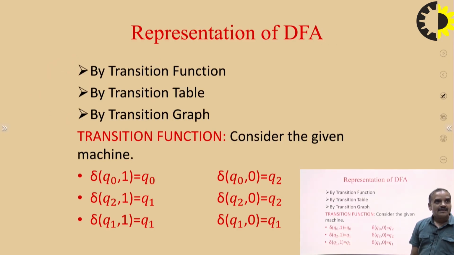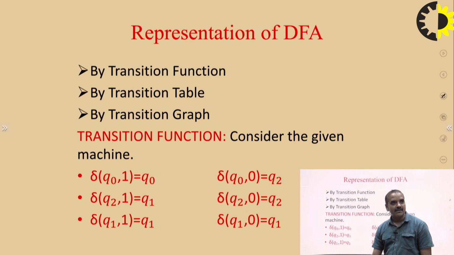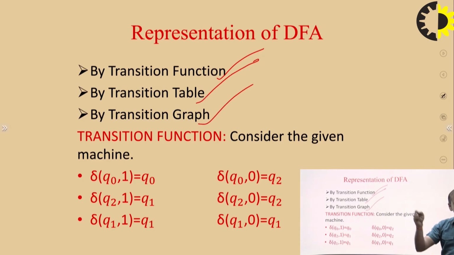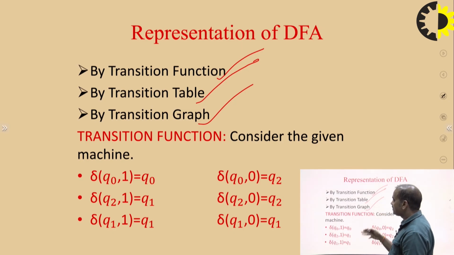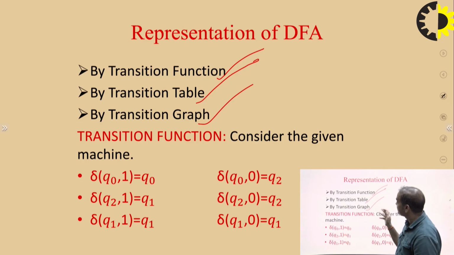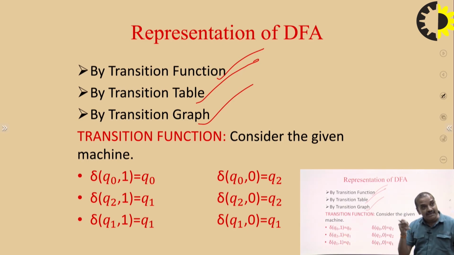This is a representation of a DFA, as mentioned in the previous slide: transition function, transition table, and transition graph. These are the three methods used to represent a machine.